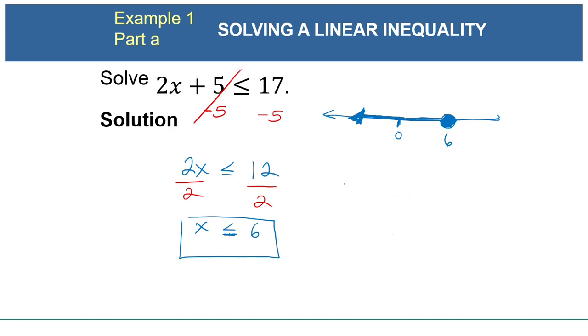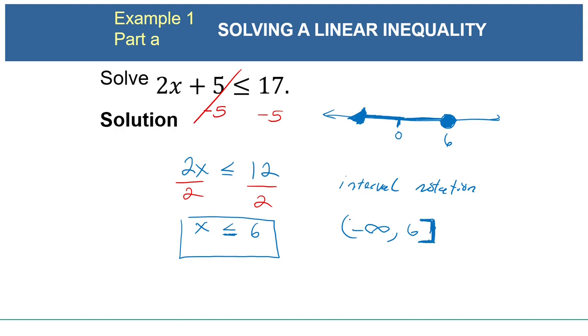Now we'll look at the interval notation. For the interval notation, I know this goes forever to the left. It goes to negative infinity. So I'm going to put a parenthesis, negative infinity, and then it's going to go to 6. And we're going to put a square bracket around the 6. Now, why do I put a square bracket around the 6? Because 6 is included, so we use a square bracket around the 6.